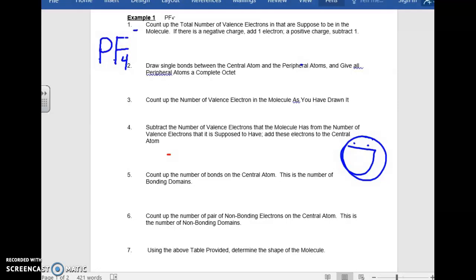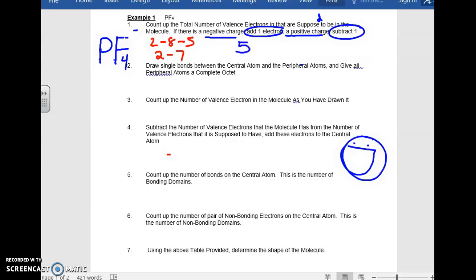The first thing that we do towards drawing the molecule is we count up the total number of valence electrons that are supposed to be in the molecule. If there's a negative charge, we're going to add 1 electron. However, if there's a positive charge, we're going to subtract 1 electron. Phosphorus is 2, 8, 5. Fluorine is 2, 7. So phosphorus has a total of 5 valence electrons.